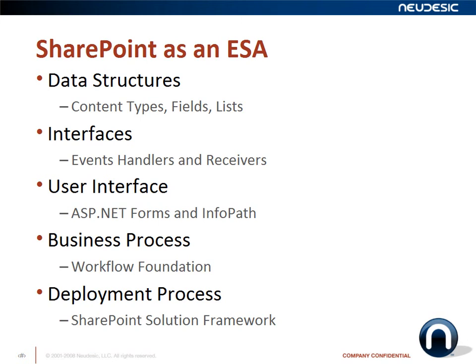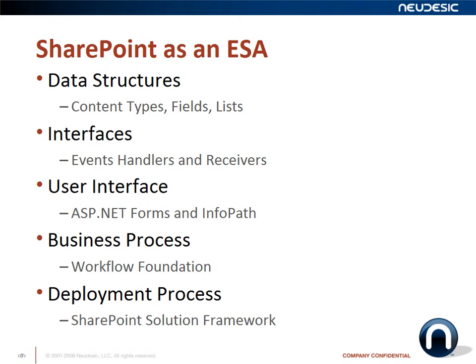Now let's talk about how each one of those characteristics or those individual items is actually realized within SharePoint itself. So when we're talking about consistent data structures, what we're talking about are content types, fields, and lists. And there's a ton of documentation out on MSDN about these specific concepts.